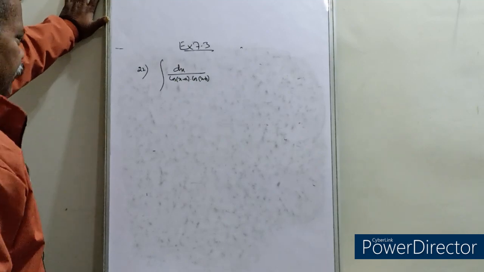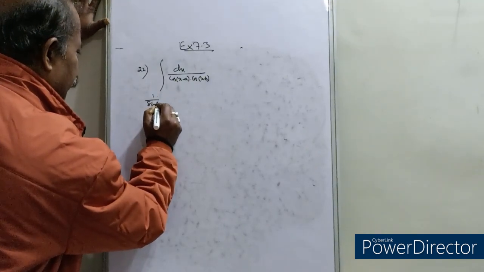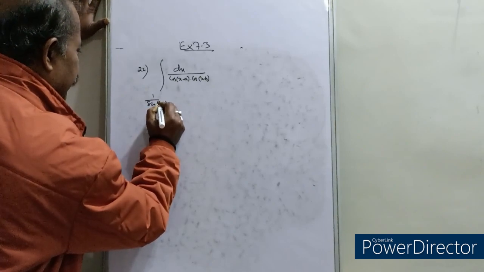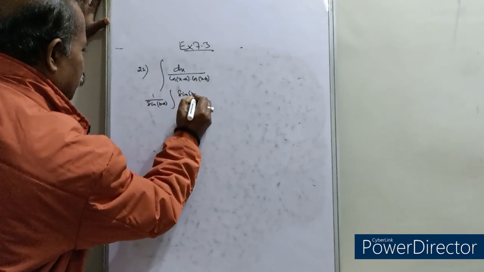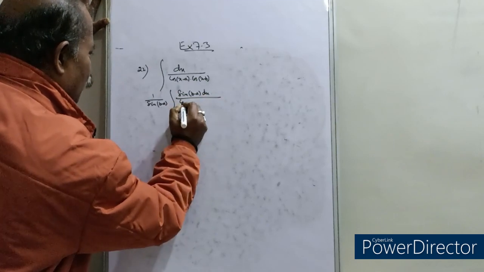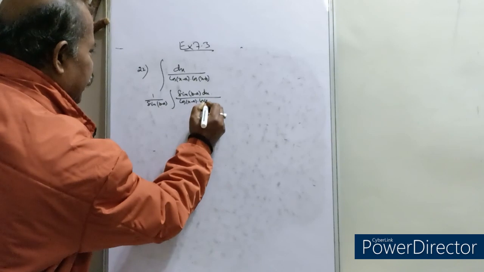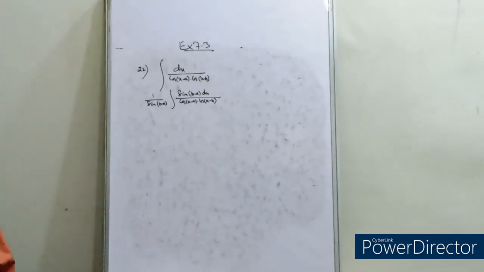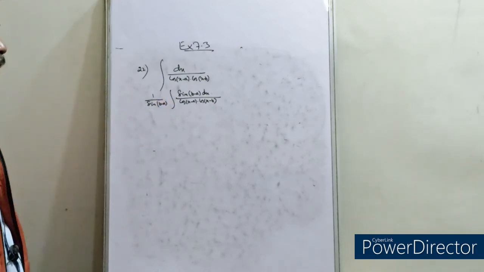Let me write here 1 by sine(b minus a) integration sine(b minus a) dx by cos(x minus a) into cos(x minus b).